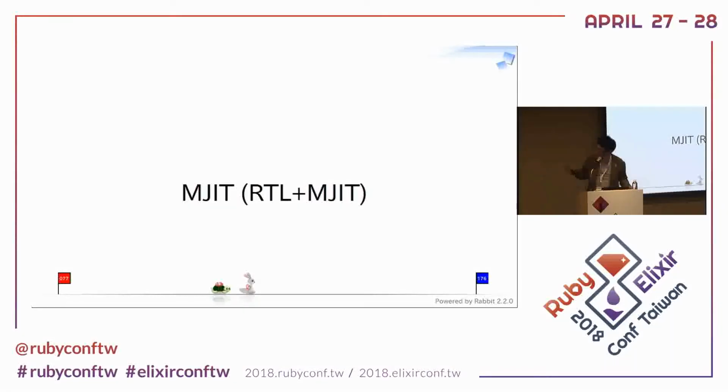It comes in 2 parts. The RTL, which stands for Register Transfer Language, and MJIT is the framework to kick GCC. Remember, he's the maintainer of GCC. Kick GCC to implement the JIT compiler, just-in-time compiler.